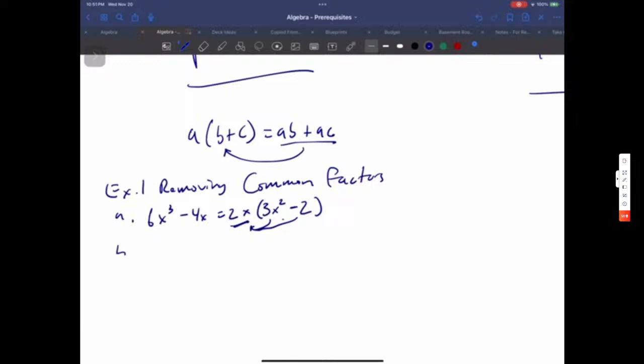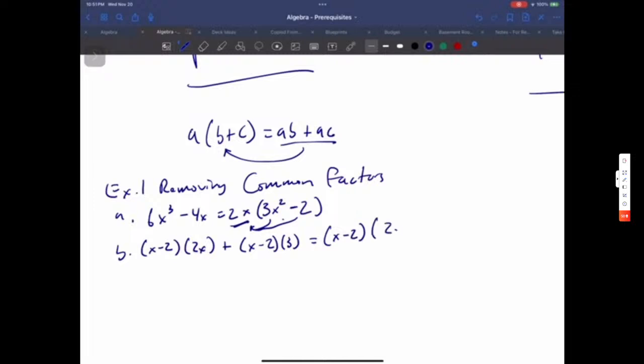So let's look at part B. We have x minus 2 times 2x plus x minus 2 times 3. Very simple. Let's say you did some other factorization work and this is what you got for each of those terms. You can see that x minus 2 is common to both of them. So you can say x minus 2 is pulled out of the first one.